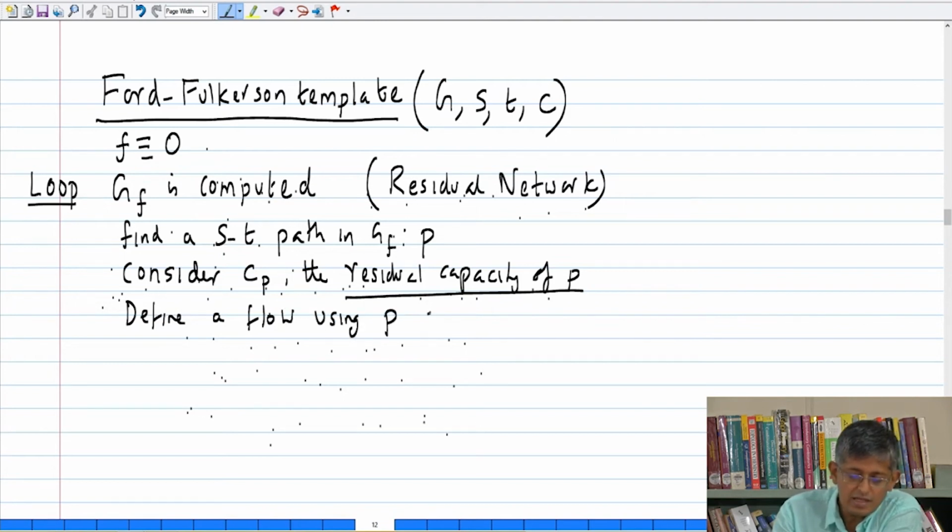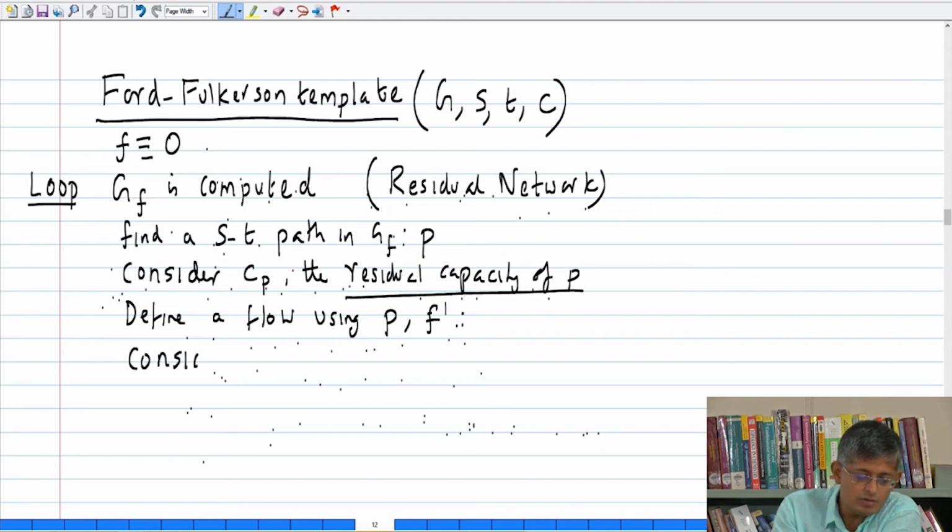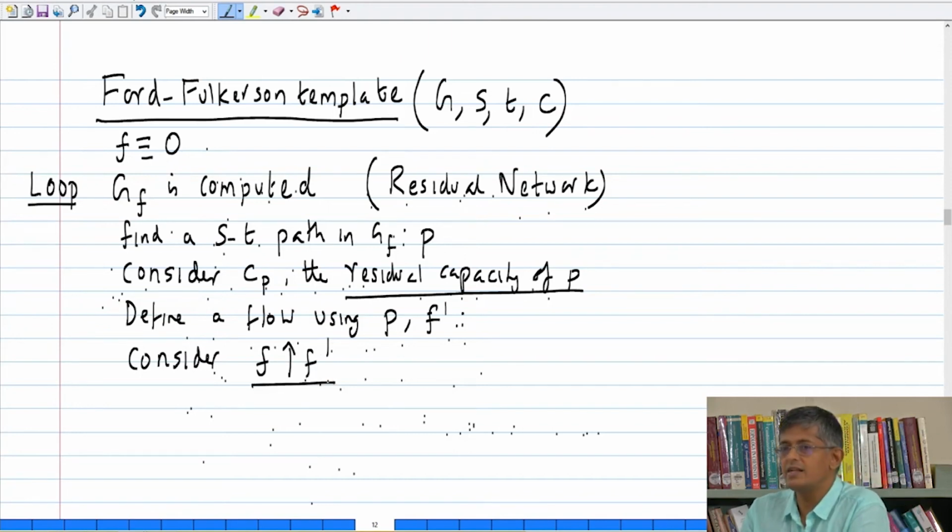Using the edges of P, this flow is called f prime, such that the value of f prime will be equal to the residual capacity. And consider a new flow which we will denote as f augmented with f prime.